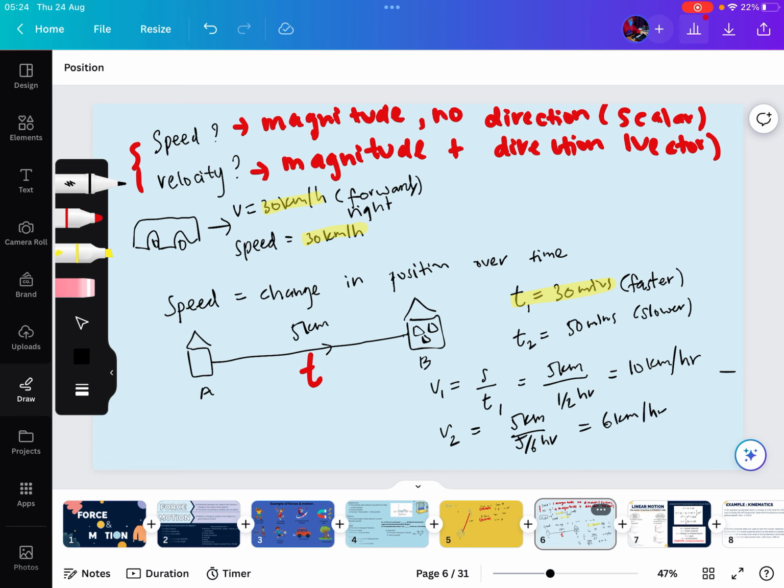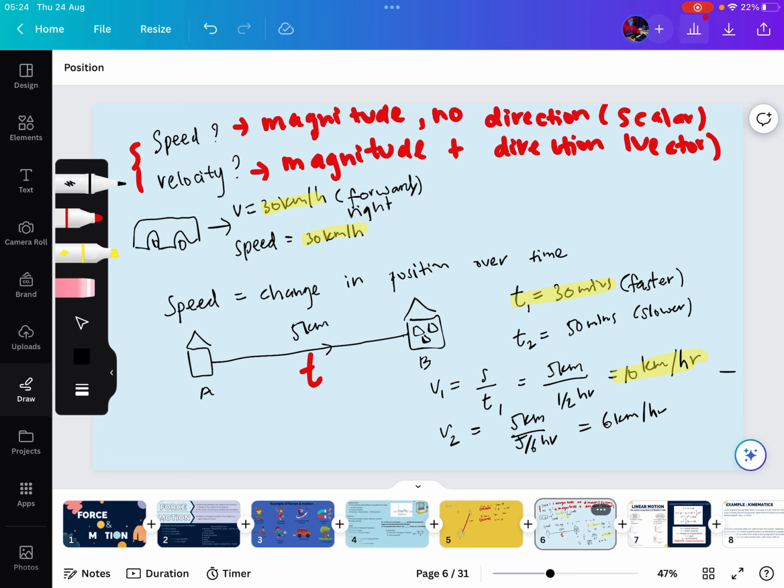So which one is faster? Of course 10 kilometers per hour, right? So this one is faster, 10 kilometers per hour, than the 6 kilometers per hour.